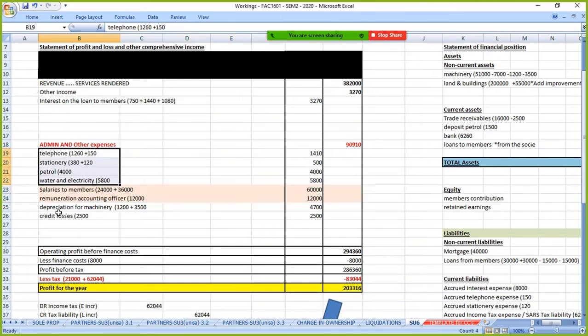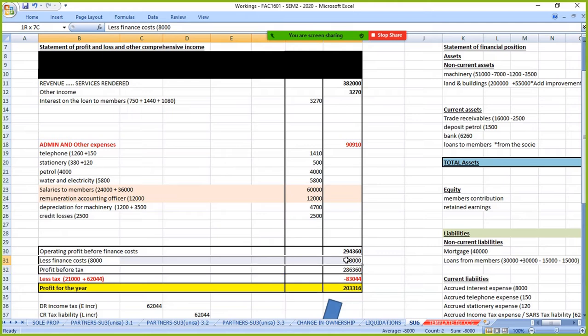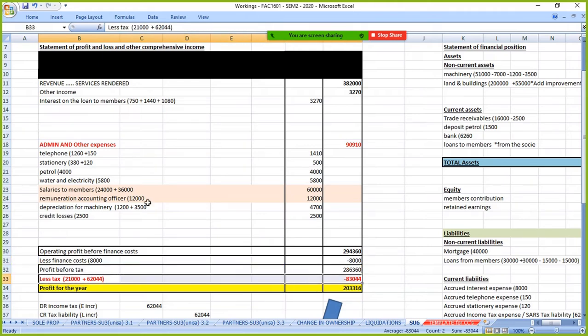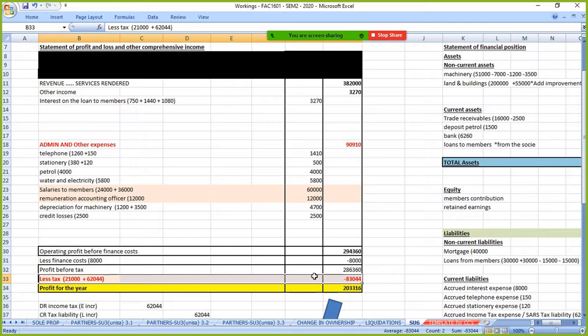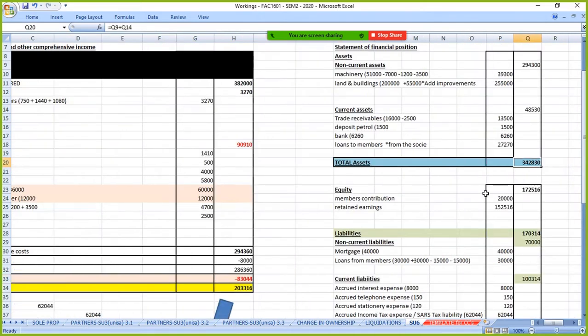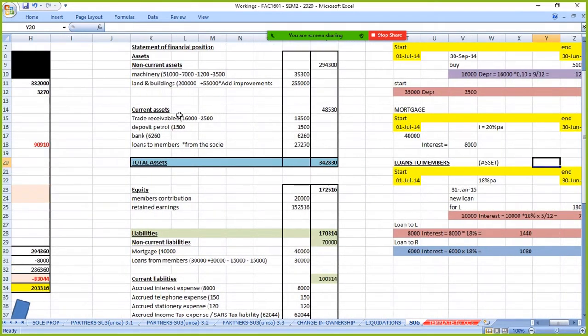All of these things you could have seen in 1502. This is also 1502. This is 1601. That's new. Tax is new. And then on this side, this is old stuff that you should know.